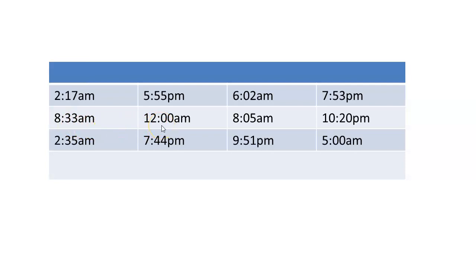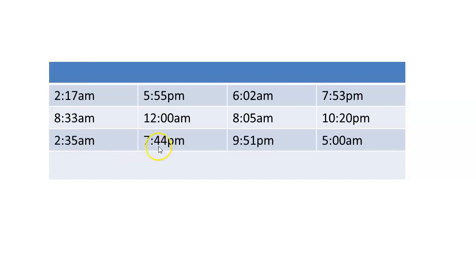Es medianoche. Son las 8:05 de la mañana. Son las 10:20 de la noche. Son las 2:35 de la mañana. Son 25 para las 3 o son las 3 menos 25.